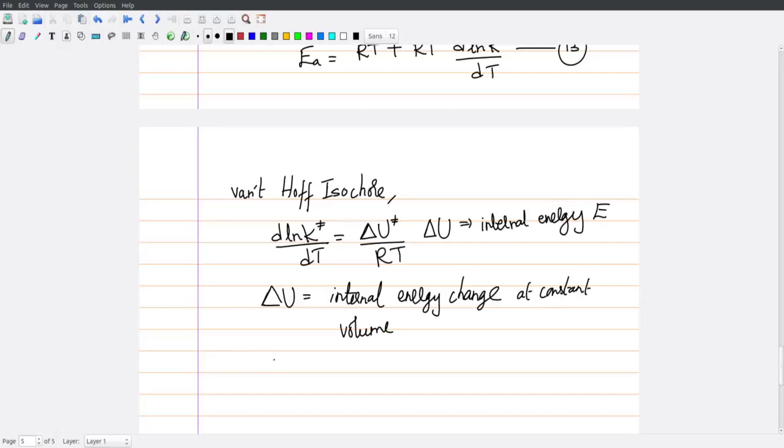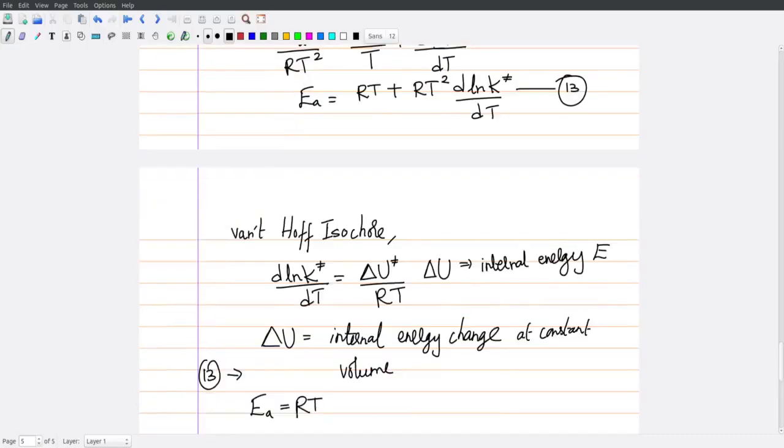as EA. So from equation 13 you can write this EA as RT square plus delta H dagger minus delta N RT.